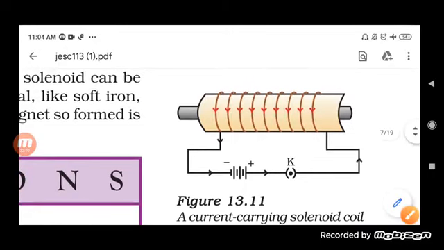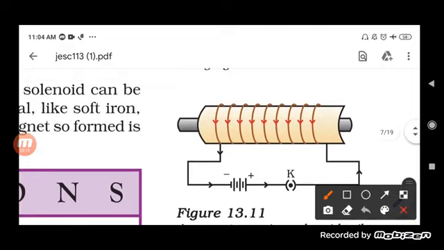Now see what happens. If the current is moving in a clockwise direction, then one end of the solenoid will behave like a south pole. And if the current is moving in an anti-clockwise direction, then the other end will behave like a north pole.